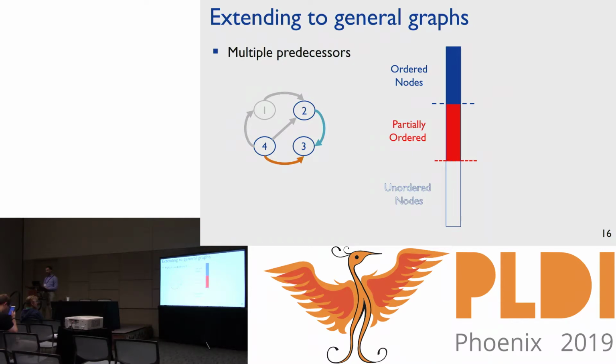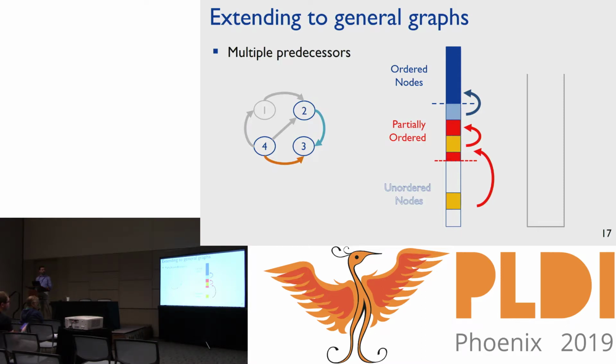It means essentially one thing: whenever we decide how to expand the frontier, so we multiply by the adjacency matrix and determine the outgoing nodes, we can find these outgoing nodes now not only in the unordered part of the array representation, but also as part of the partially ordered one. So the permutation has to take into account the possibility that some of the nodes might have already been encountered and already be available in the partially ordered set.